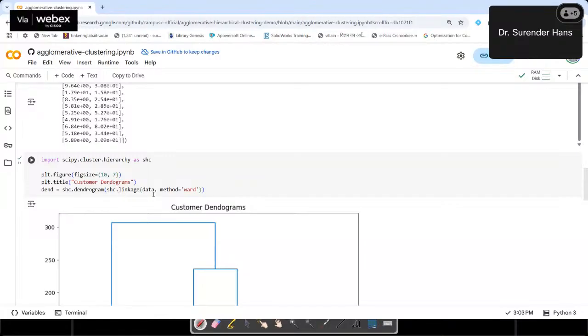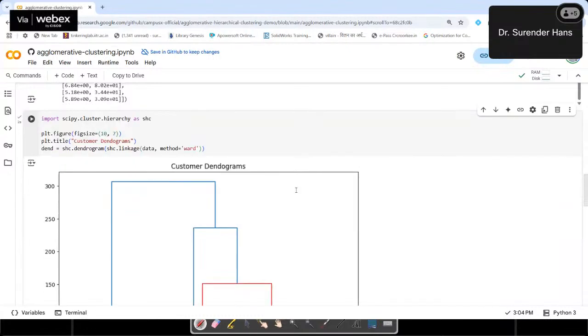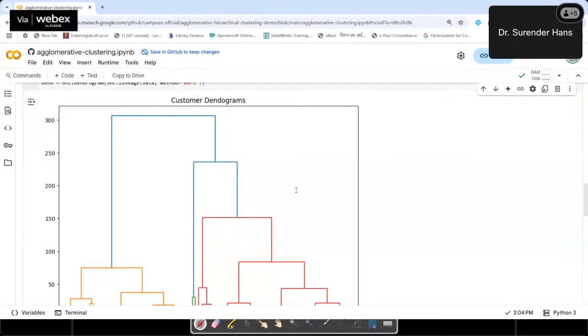I pass all this data set and the method, which is ward. You can change it to min, max, average, but by default it is ward. You can change this linkage method. And the function is SHC dot dendrogram. If you run this one, see, this one is the customer dendrogram.